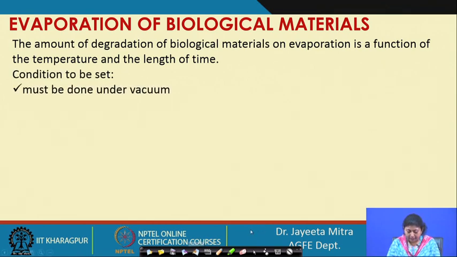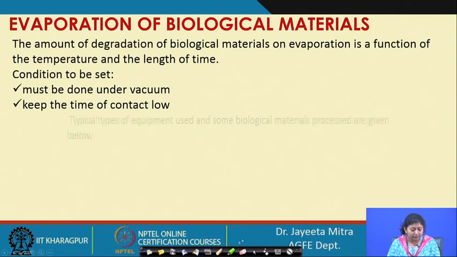Another thing we can do is to reduce the temperature. We can operate the evaporator chamber under vacuum, so that the boiling point will come down. Another is we can keep the time of contact low.